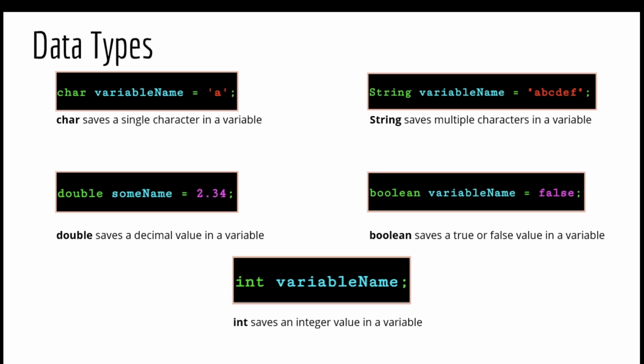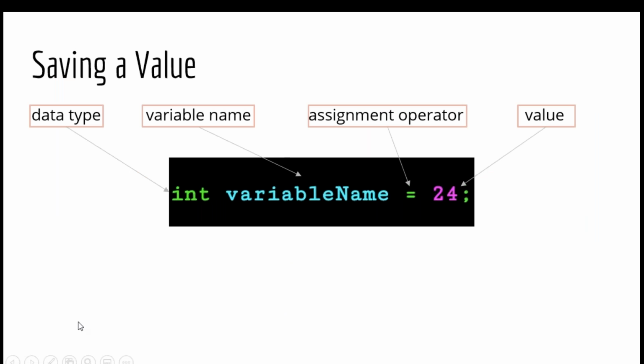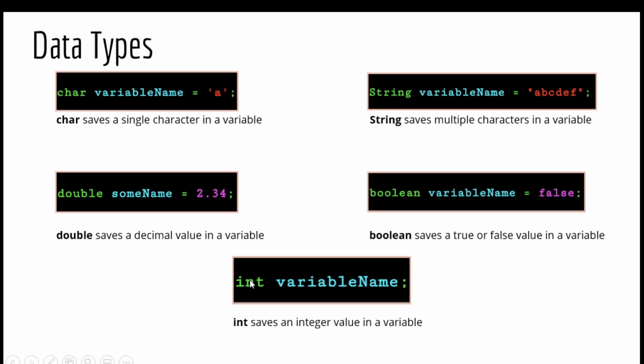So these are what we call data types. As you can see, if you look below over here, it says int variable name. And we actually did just previously look at, if you go back over here, int, we looked at that just now. We just did look at the int data type, which saves an integer value in a variable.